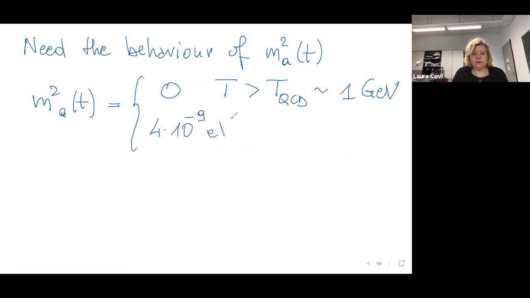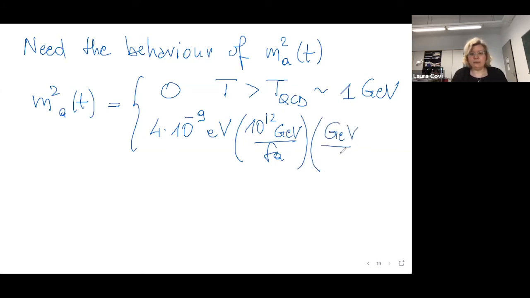So you have a scale here, which is connected again to the lambda QCD scale. You have a 10 to the 12 GeV over f_a, and then you have the temperature to the 1/4 power for temperature below the QCD scale and up to the saturation temperature, which is lower. Of course, at a certain point, it will become constant.